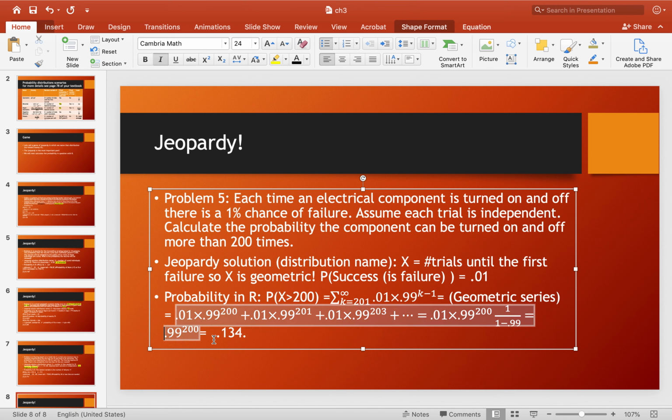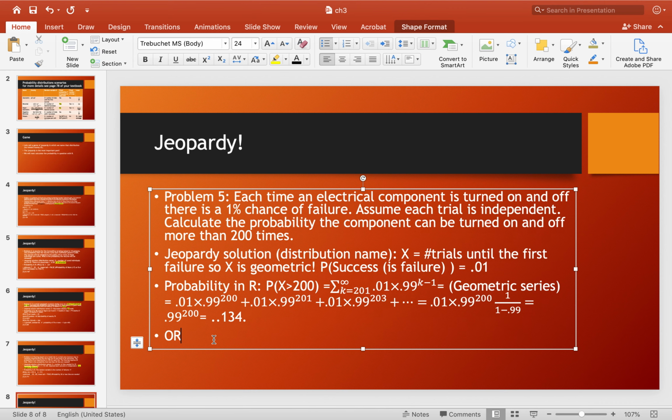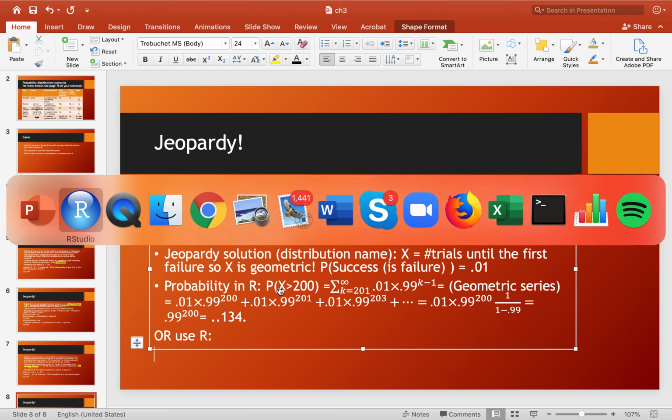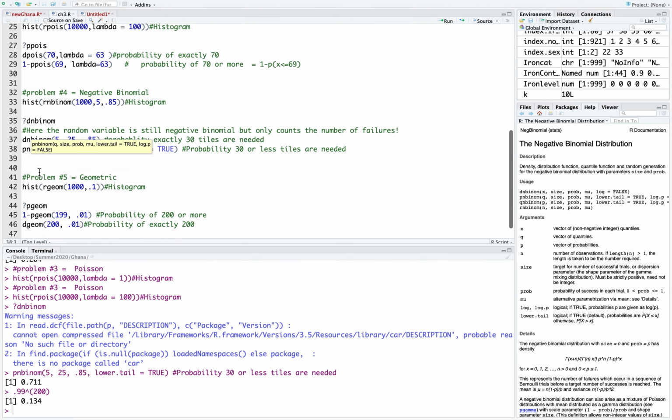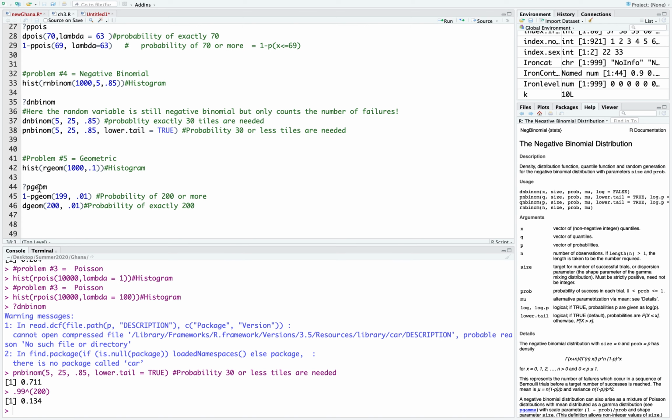So there's an alternative here, or we can use R. If we do that, we're asking for the probability that there are going to be 30 or more.